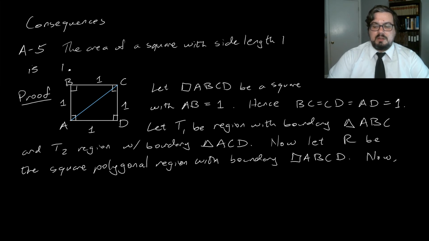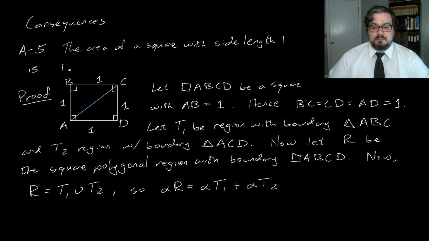So now we have that R is the union of T1 and T2, and that's a triangularization of R. So that means that the area of R is, by definition, the area of T1 plus the area of T2.